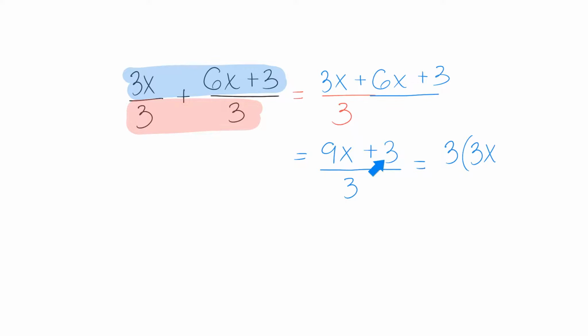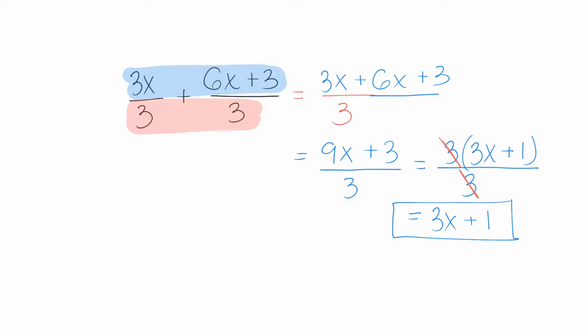And 3 divided by 3, so if I factor the 3 out of that 3, leaves me a 1. Don't lose that 1. And in the denominator, we still have 3. Now, these cancel, and all that's left is 3x plus 1. Final answer.